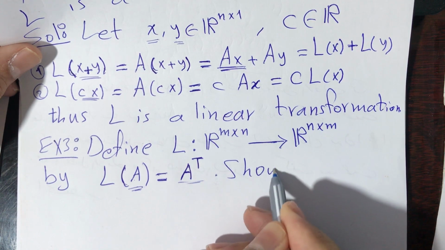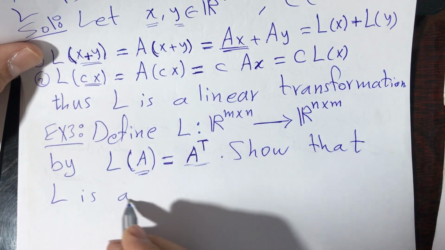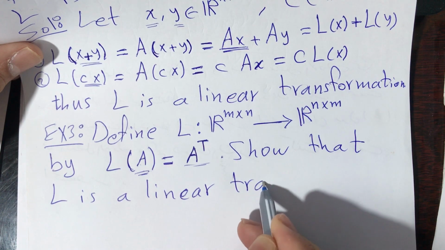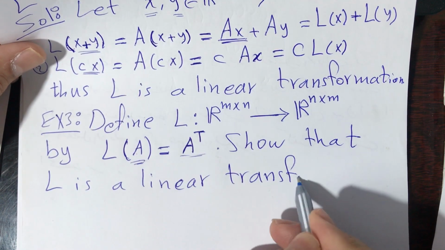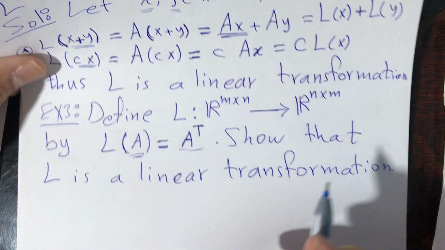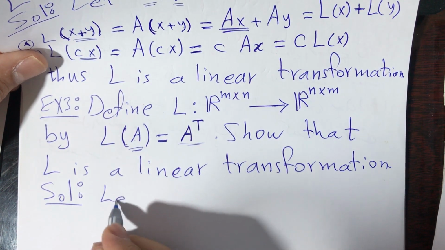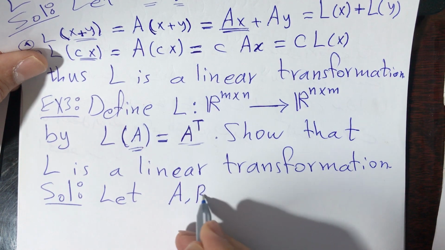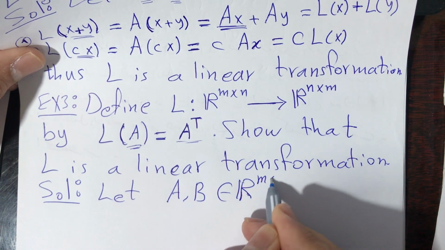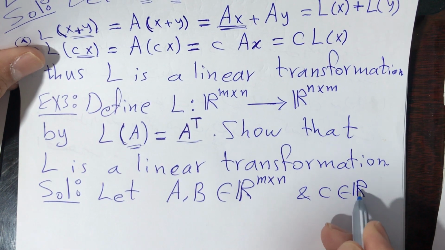Show that L is a linear transformation. Now, solution: let A, B belong to R^(m×n), and c belongs to R. This is a scalar constant.